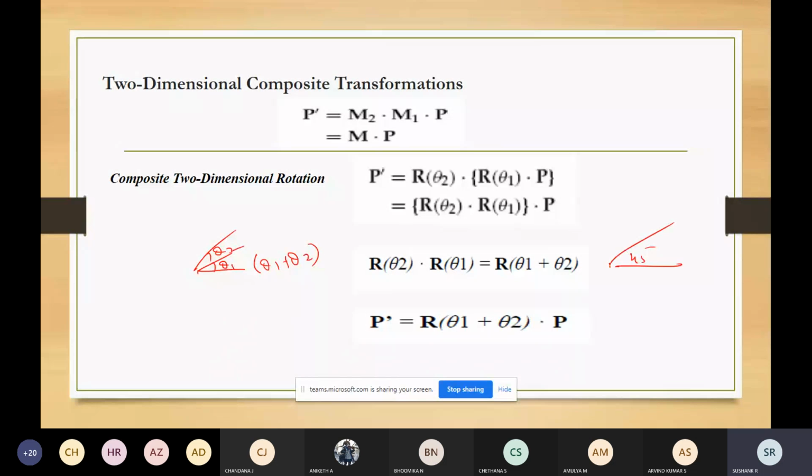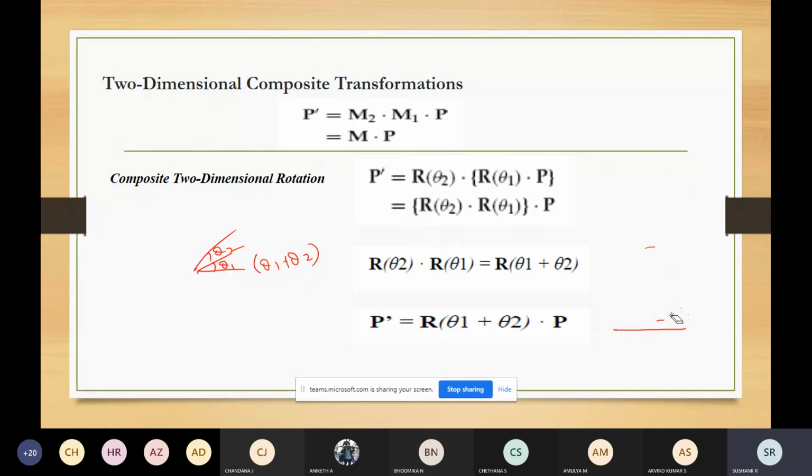After that, you want to rotate the same object by 30 degrees. Instead of rotating first with 45, next with 30, you just rotate it by 75 degrees. So rotation is also additive.